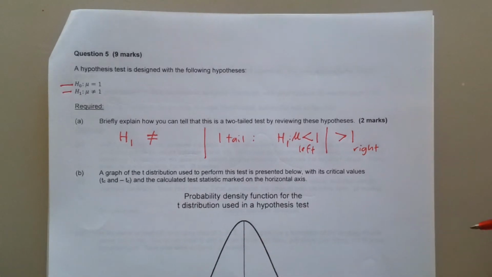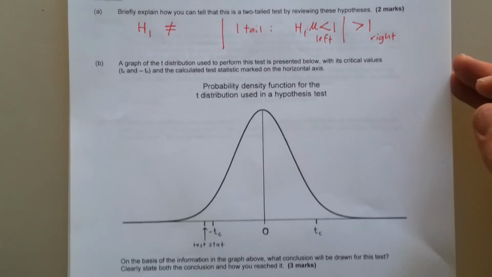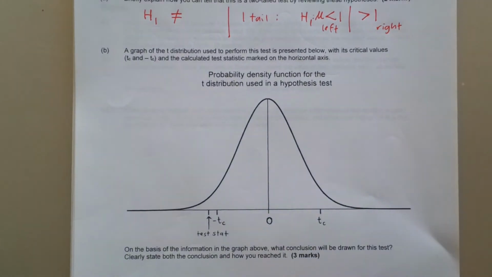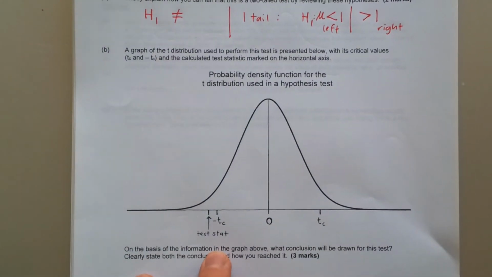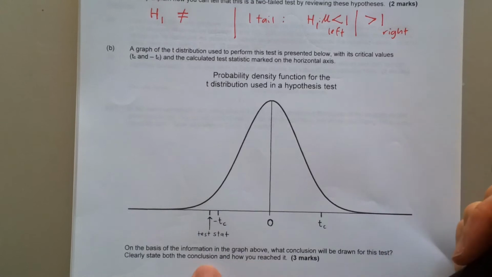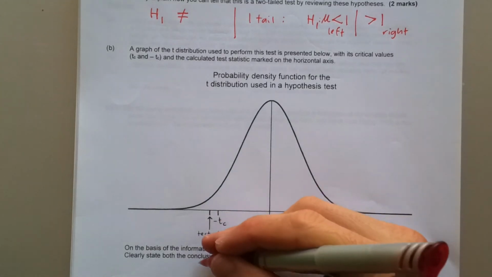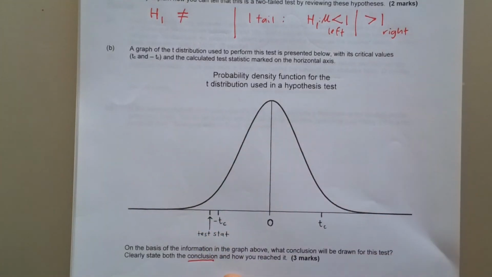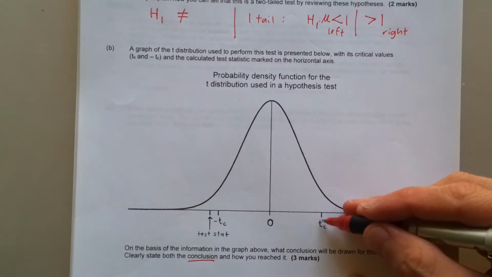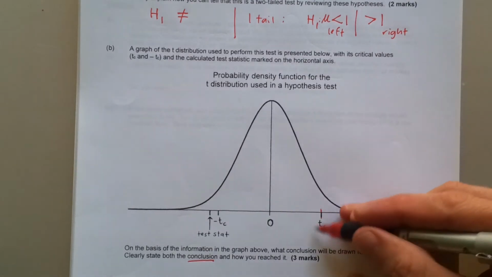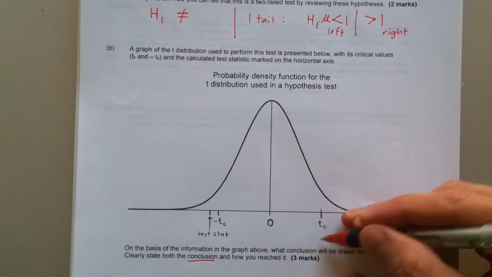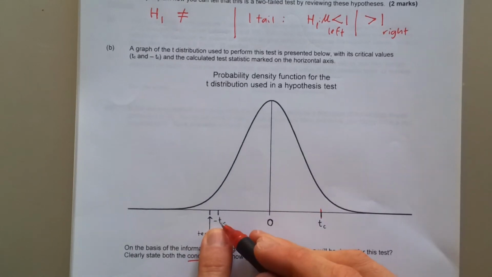B, we're given the t-distribution that's being used in a hypothesis test and asked what conclusion will be reached on the basis of this t-distribution and also how you get there. So on the graph we're given the critical value for this test and the opposite of the critical value.